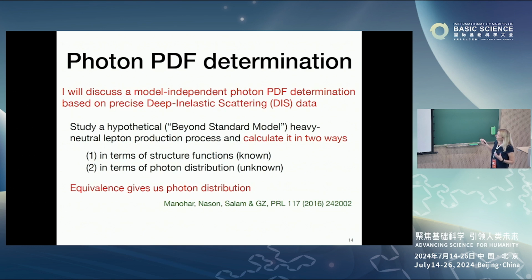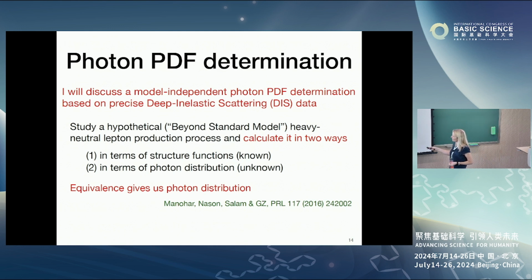Now, our model-independent photon PDF determination is based on using this deep inelastic scattering data. And now taking a different process, I will be more precise about the process that we chose. But the idea is to take a hypothetical beyond standard model process and calculate it in two different ways.